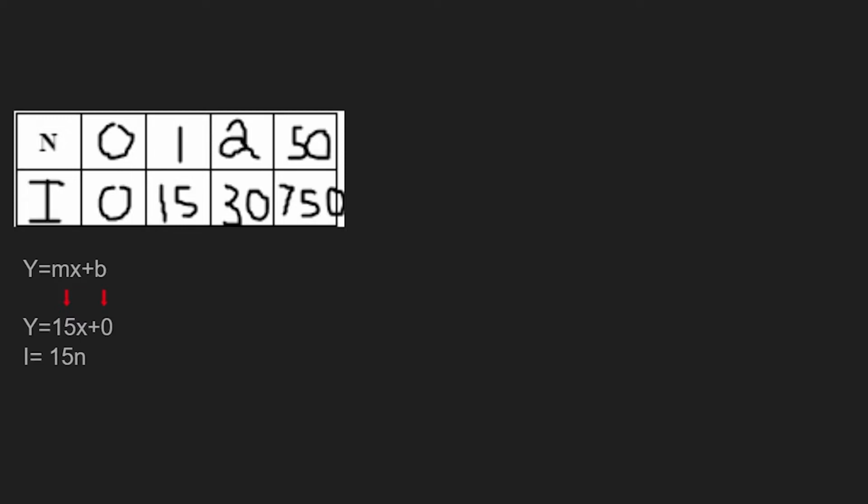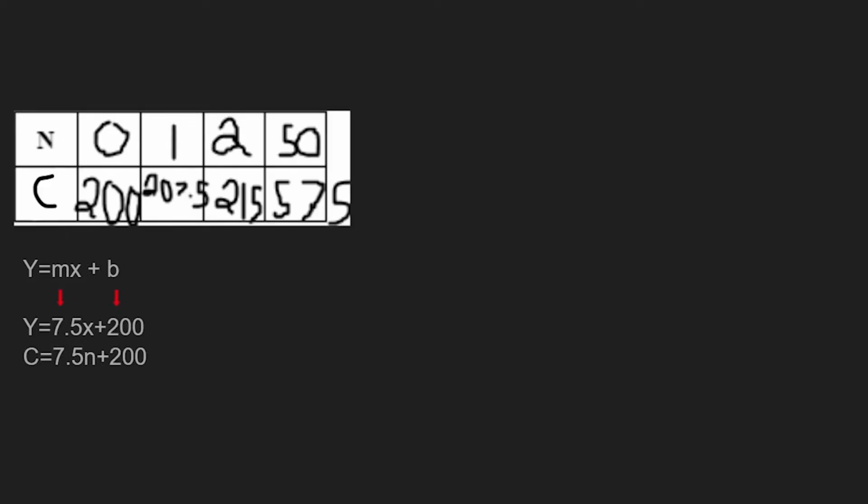Now we know it goes up by 15, and that's the gradient. We also need to replace y and x, so x is the top row and y is the bottom row. In this case, x is n and y is I. So I'm going to replace x with n and y with I. And I don't really need to put the plus 0 in.